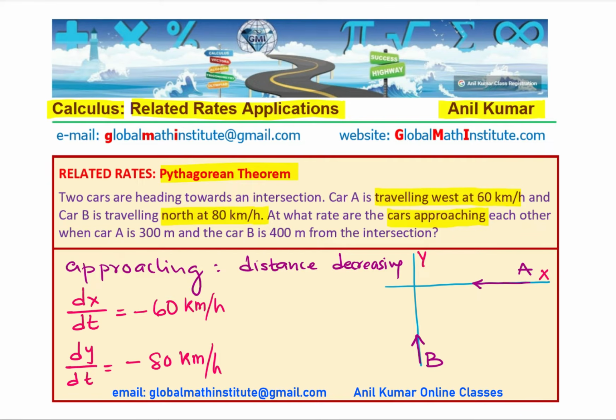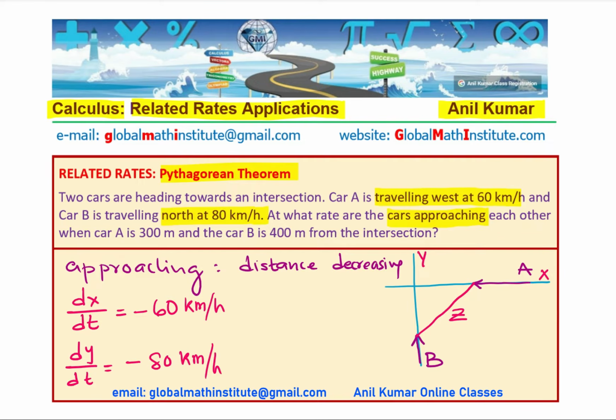Perfect. Now, at any instance of time, let us say at time t, they are at the position shown, right? In that case, what is going to be the separation between the two? Let's connect. Let's call this z.